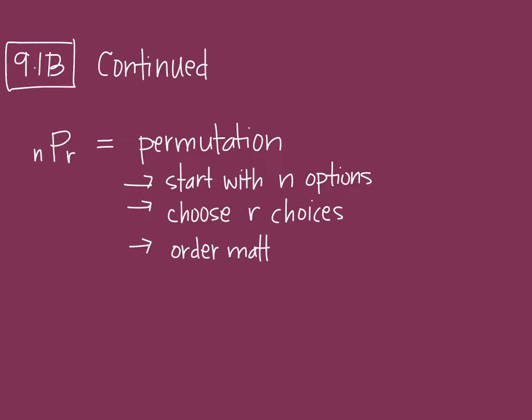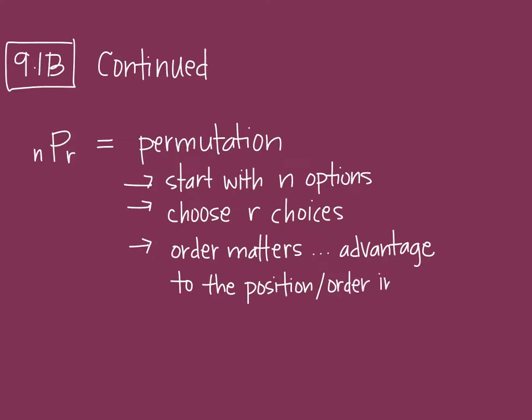In other words, there's an advantage to being chosen first, as opposed to being chosen second, third, or fourth. That is super important here, right? That there's an advantage to the position of your choice. So in which the items are chosen, there is an advantage.